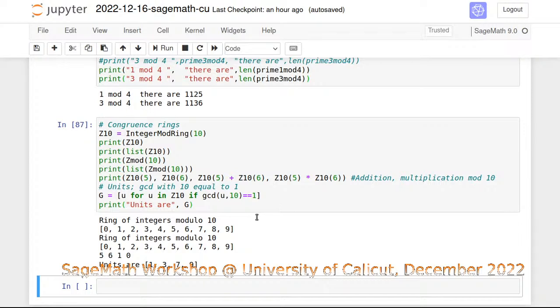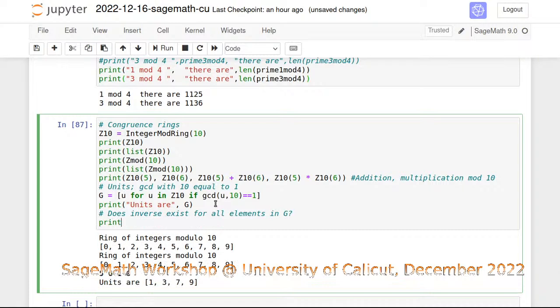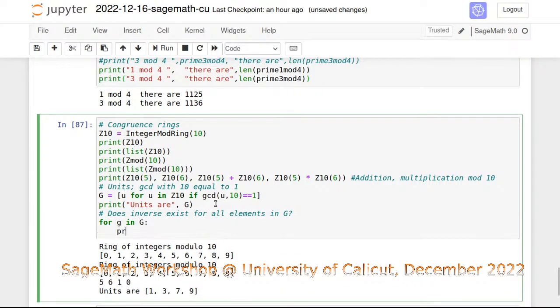So, for example, suppose that we try to find the inverse of all the elements. Okay, that we can try to do first. Print all elements in G, for g in G print.